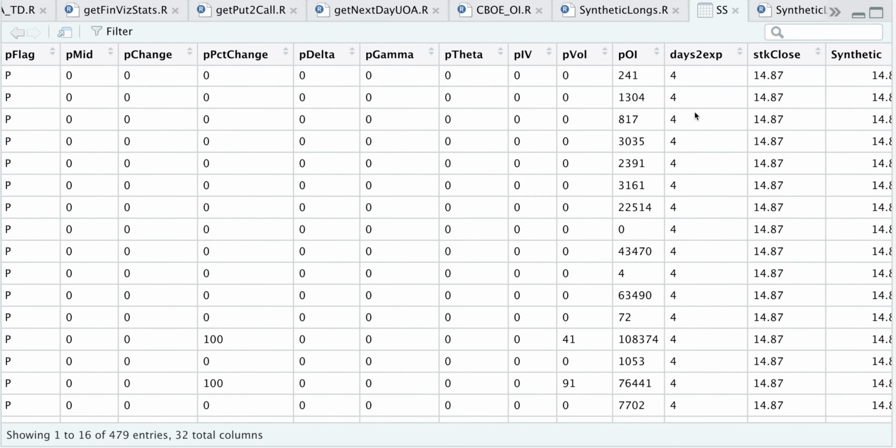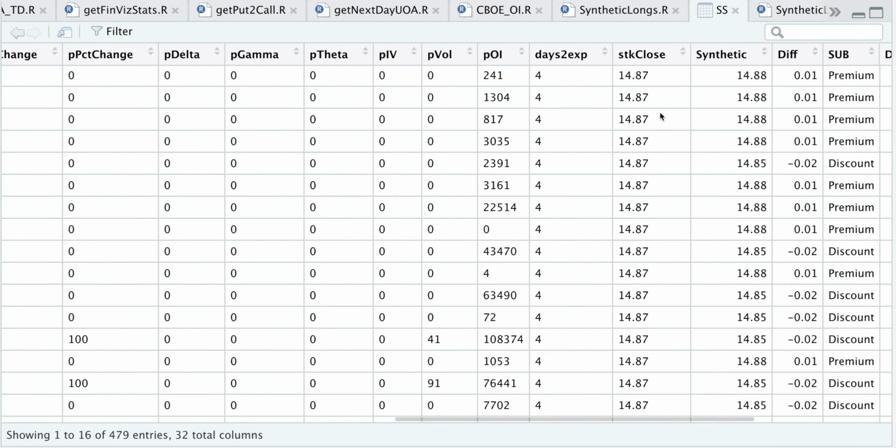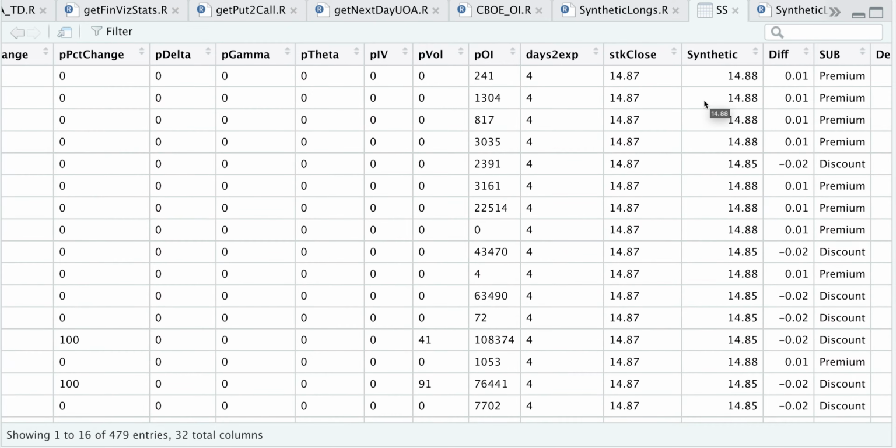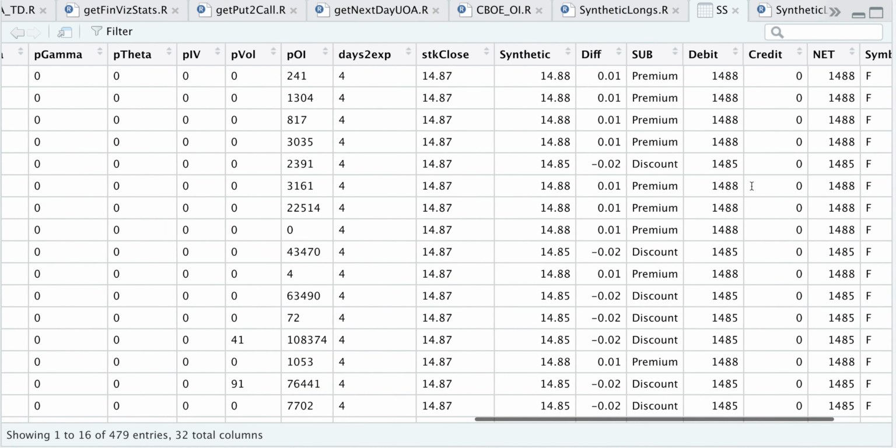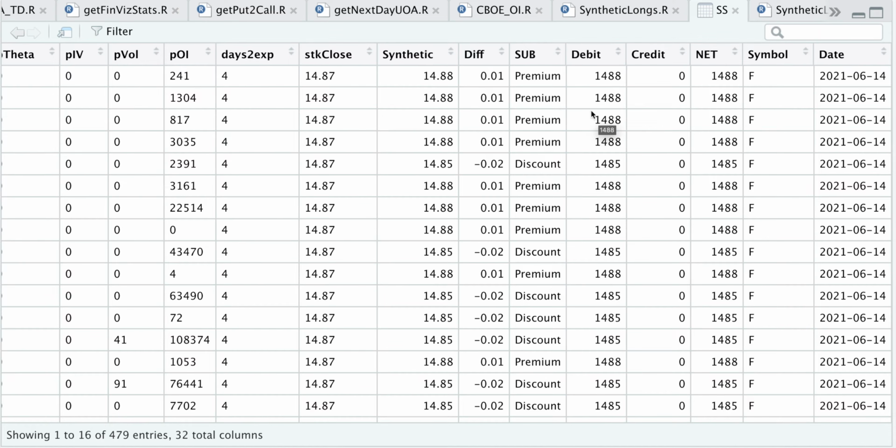We add our days to expiration, where the stock closed that day, the synthetic options price, the difference between the synthetic and where the stock closed that day, and here we get our indicator that lets us know if it's trading at a discount or a premium. Next we have the debit side. So if we were to buy this combination, our out-of-pocket cost would be $14.88. We wouldn't get anything as a credit, so that becomes $14.88.